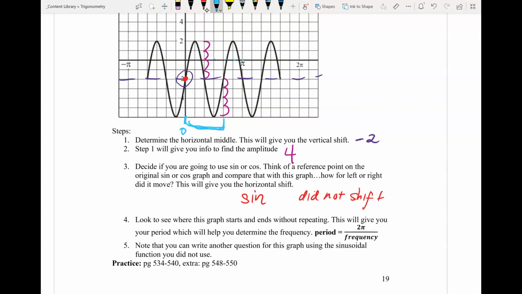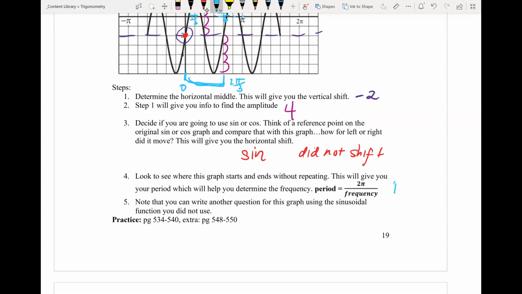We're going up by increments of pi over 6. So if that's pi over 6, that's 2 pi over 6, 3 pi over 6, 4 pi over 6. In other words, 4 pi over 6 would be 2 pi over 3. So that means our period is 2 pi over 3.